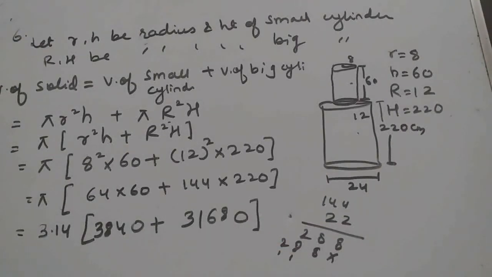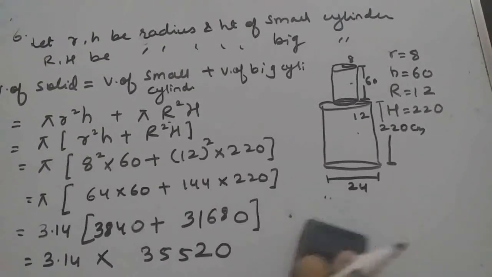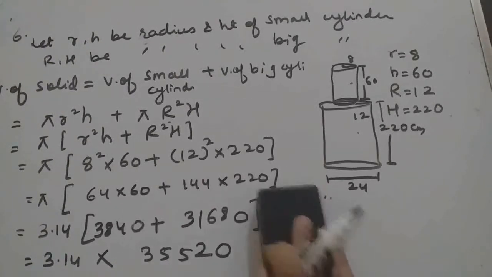So 31680 added to 3840, you will get 35520.